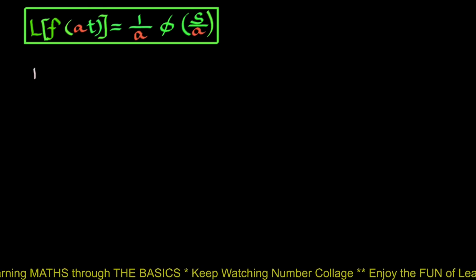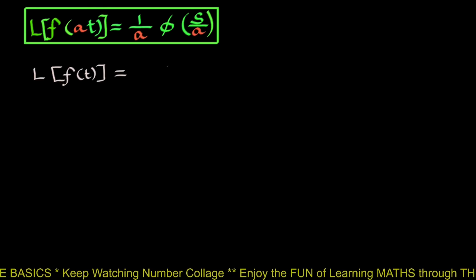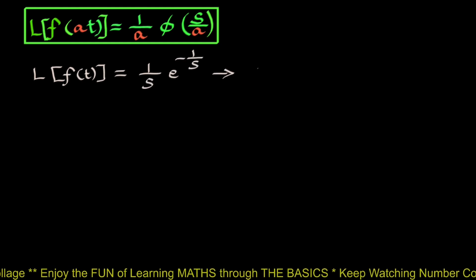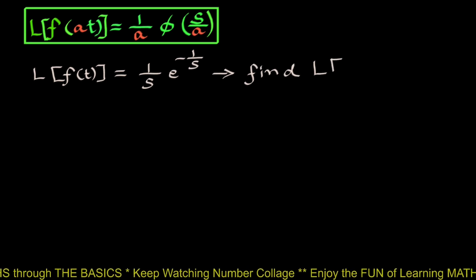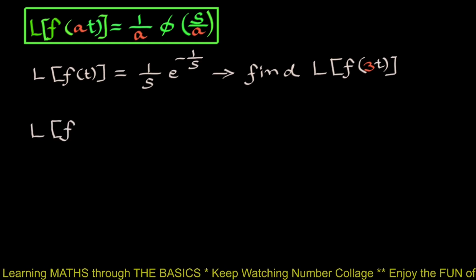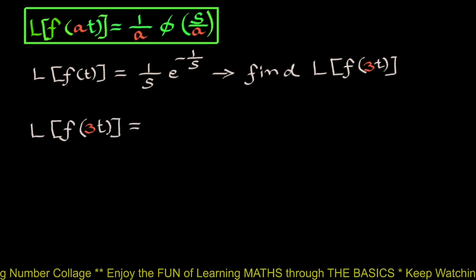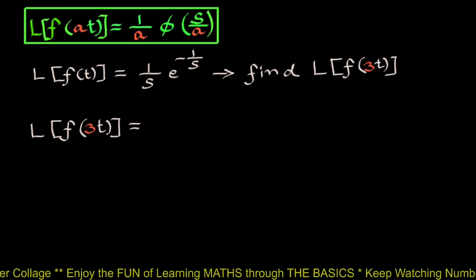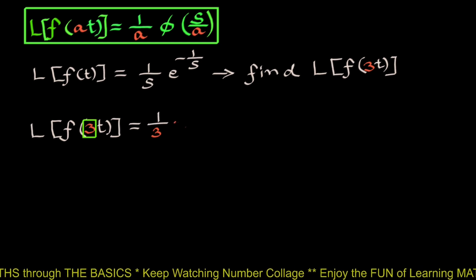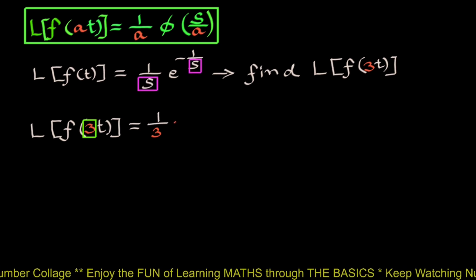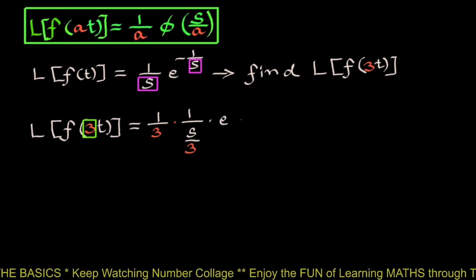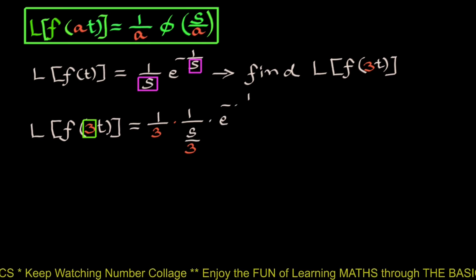If Laplace transform of f(t) is 1 upon s e raised to minus 1 upon s, we have to find Laplace transform of f(3t). So Laplace transform of f(3t) will be, according to above change of scale property, 1 upon 3 into, replacing s by s upon 3, it will be 1 upon s upon 3 into e raised to minus 1 upon s upon 3.